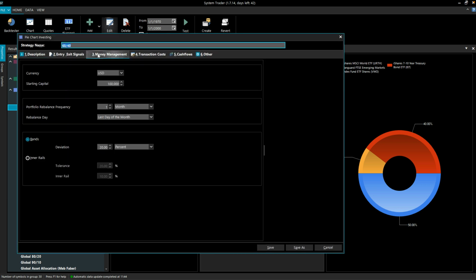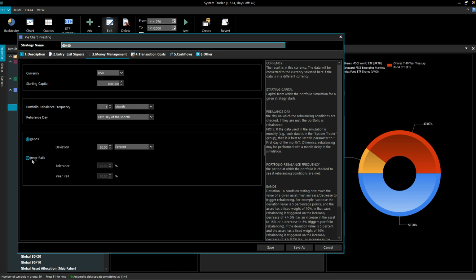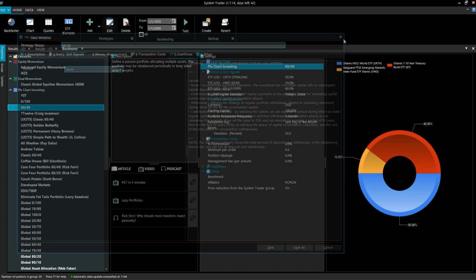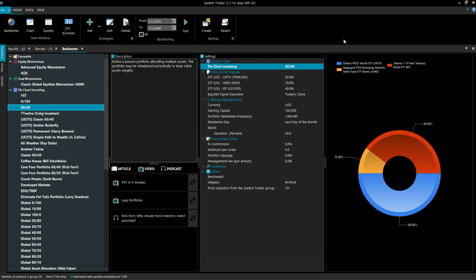First, consider using the inner rails rebalancing, which is described here also, by the way. And on top of that, use the cash flows when you are contributing or withdrawing money to or from your account. The bottom line is that taxes have the most negative impact on your account in most of the cases, much higher than commissions.